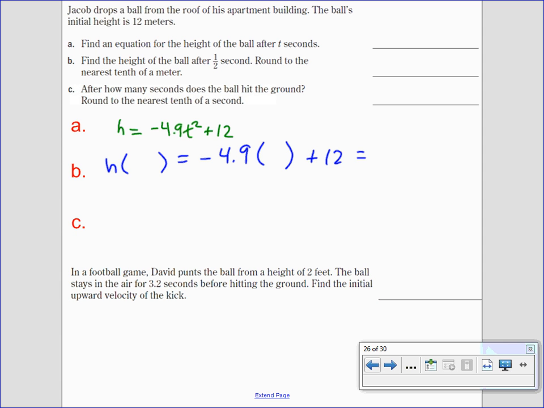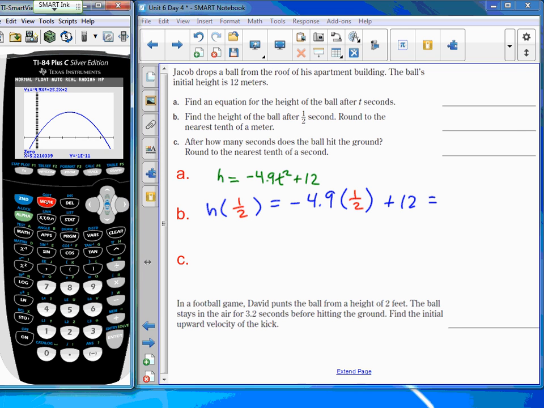That's as easy on my home screen as doing negative 4.9 times 1/2 squared plus 12. My height above ground is 10.775 meters.